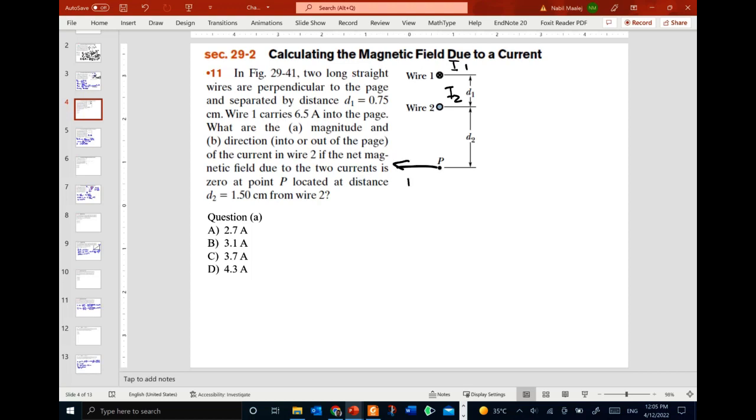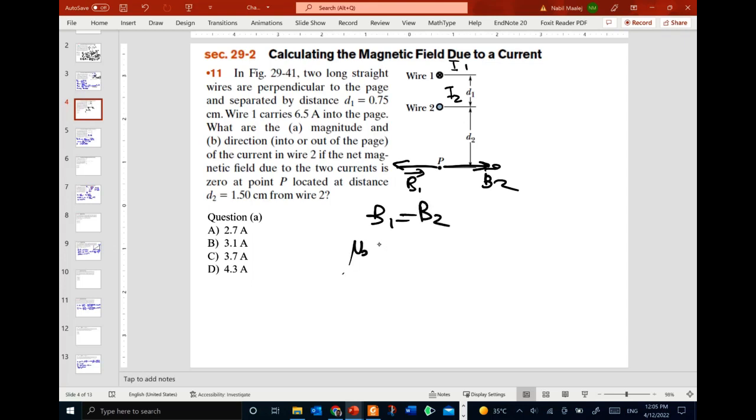And for B2, in order for the magnetic field to cancel, it has to be in the opposite direction. So for that, it has to be outside of the page. Obviously, if the current I2 is outside of the page, B2 is going to be in the opposite direction. Now B1 is equal to B2, so let's write B1 is equal to B2.